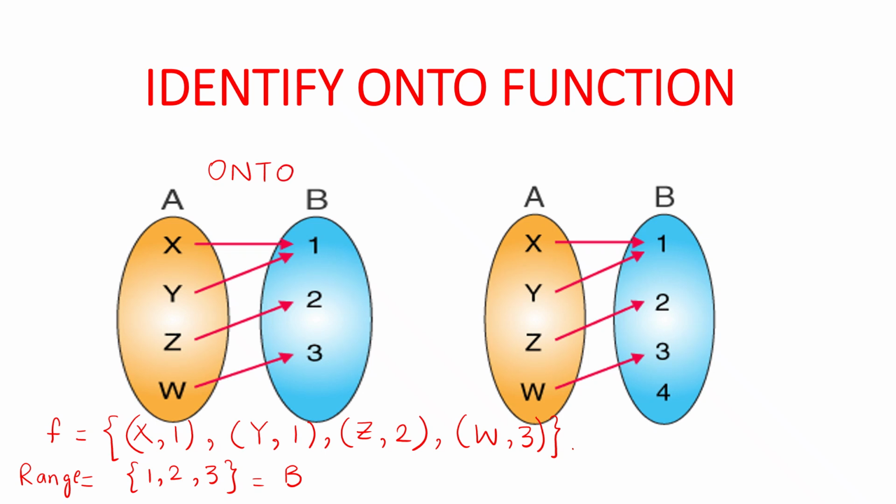Now let's check for the second one. First write it in the ordered pair form. X is mapped with 1. Y is also mapped with 1. Z is mapped with 2. And W is mapped with 3.